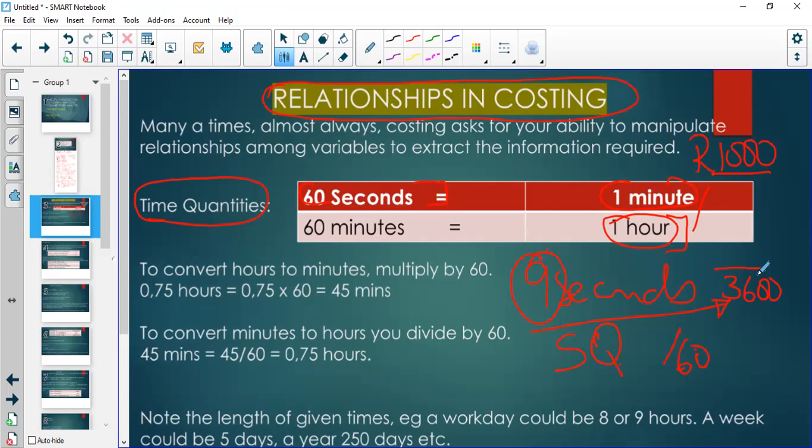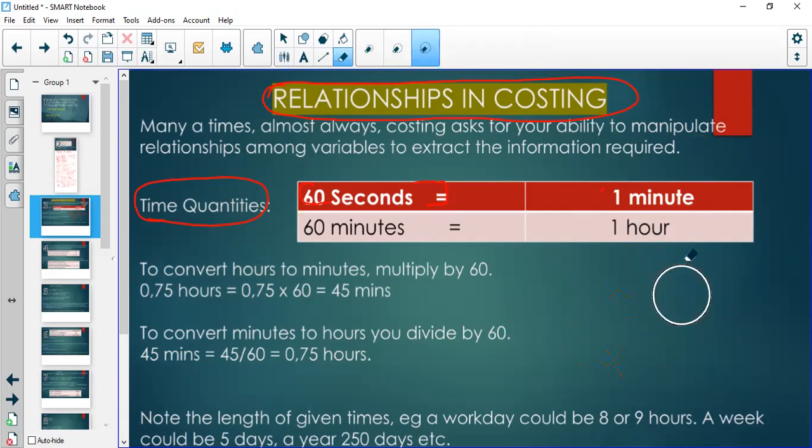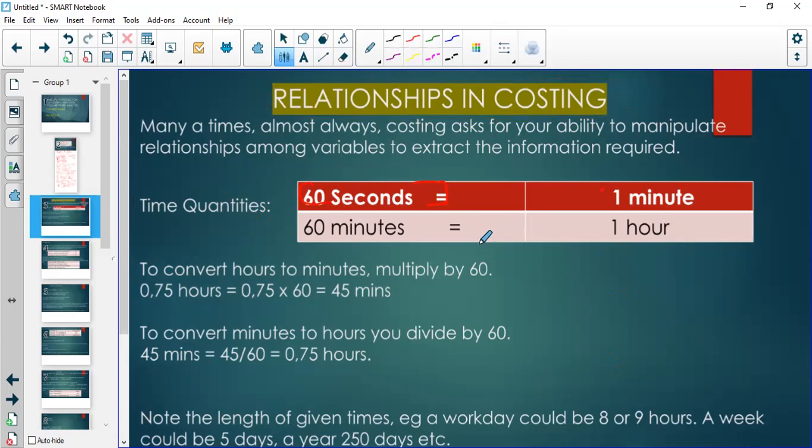And remember, things must be logical, all right? Things should make sense to you when you deal with the relationships. For example, if it takes 9 seconds to do something, and it costs 100 rand per hour, then obviously you can't say 100 rand per hour multiplied by 9, then you get 900 rand as the total cost.